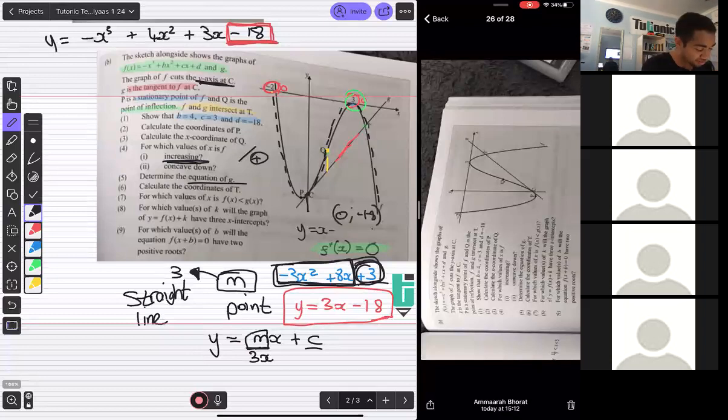In other situations when it's not the y-axis, you would have to sub in a point. But because they tell us that this is the y-intercept already, you can assume that that's your C. You already have m and you have c, so you have your equation. So this is just like a special case.